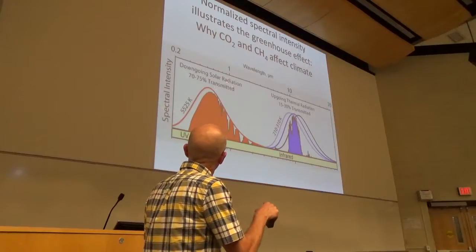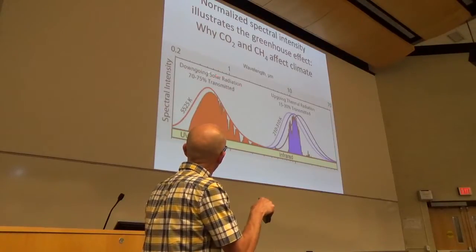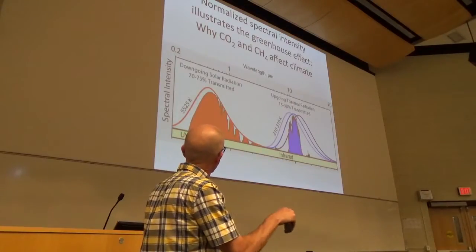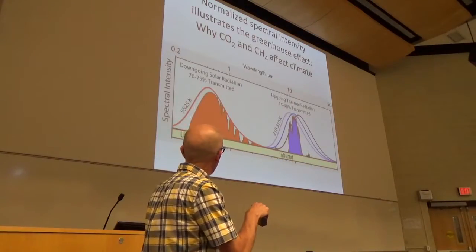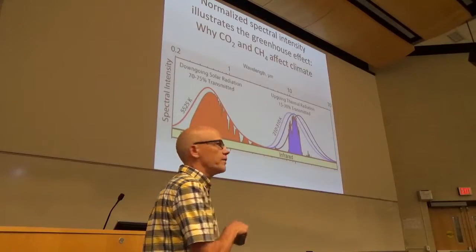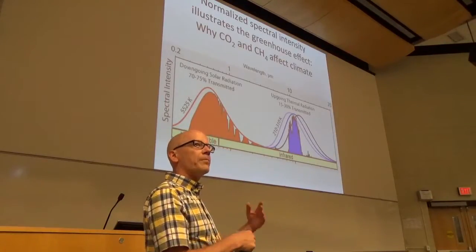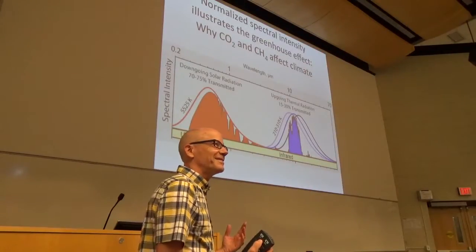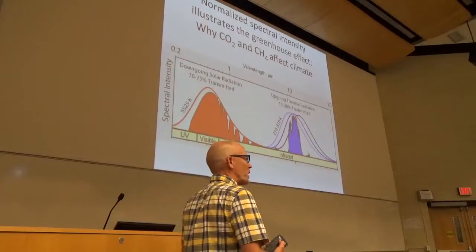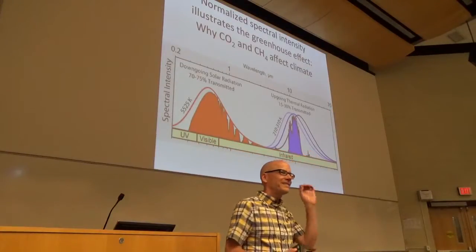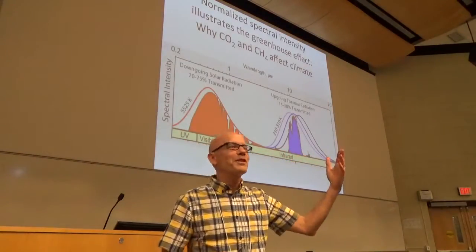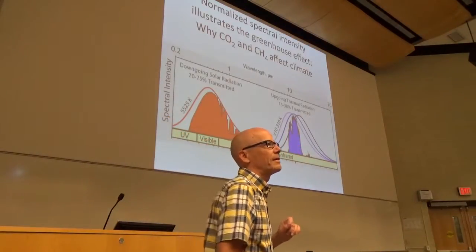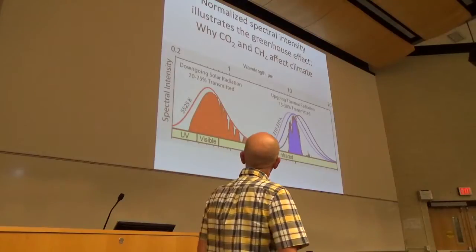Most of the radiation coming down is from the sun, and the spectral intensity here is normalized. Most of the sunlight is in the visible part of the spectrum. The atmosphere is clear, so the sun is reaching the ground. That's why we see in the visible: our ability to perceive, our imaging, peaks at the peak of the sun spectrum.